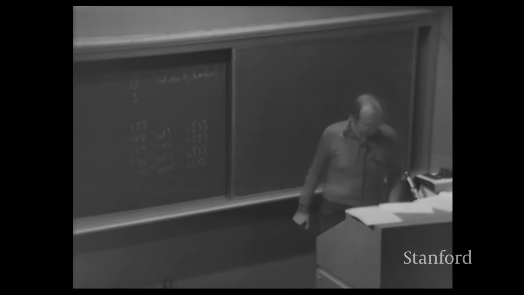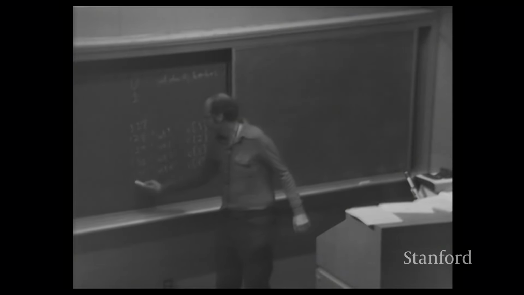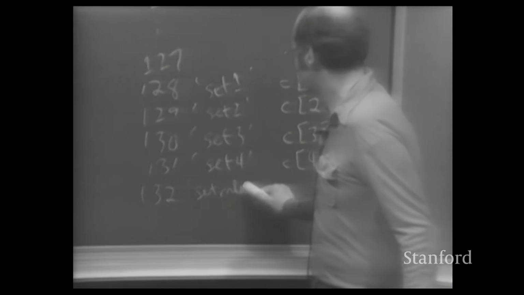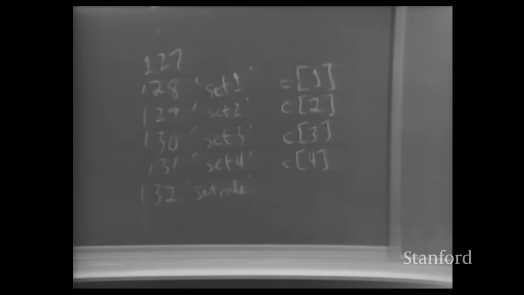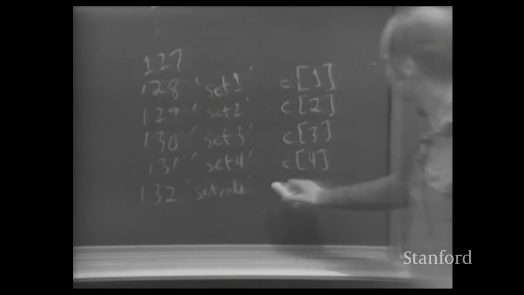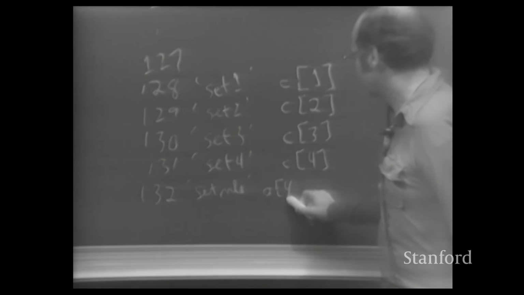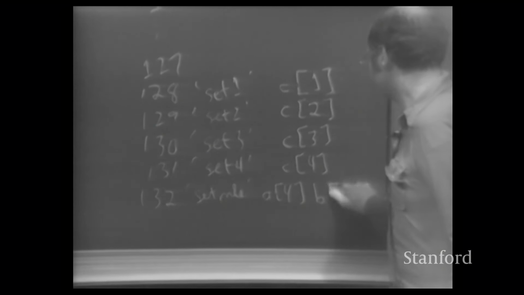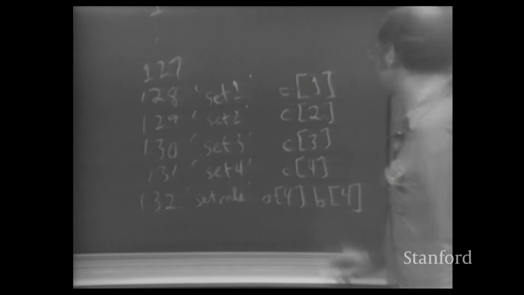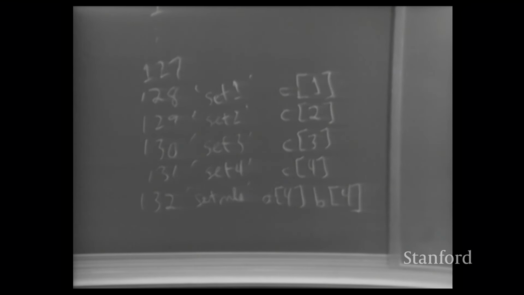Okay. Now, there's also a set rule command, which is 132, and this one is followed by 2 operands, A and B, each 4 bytes long. All the 4-byte long parameters are signed. That means that if you have a 4-byte long parameter, it could be between -2 to the 31 and so on, looking at the first bit as a sign.